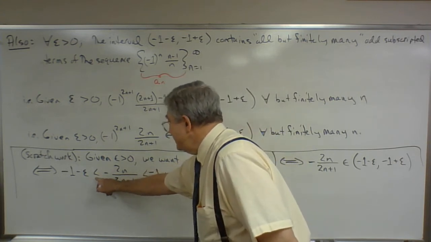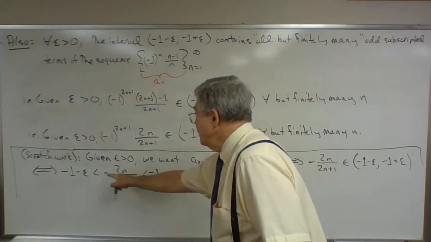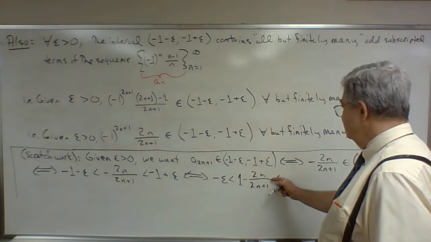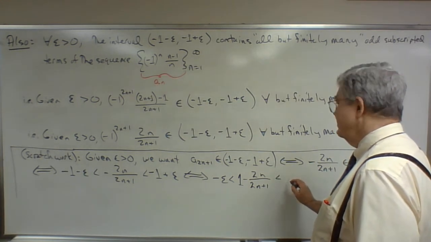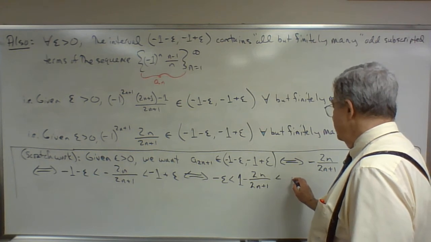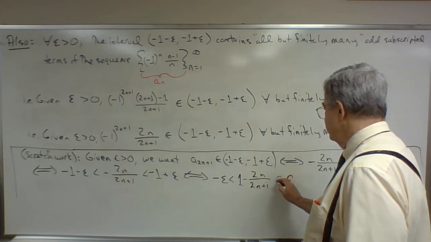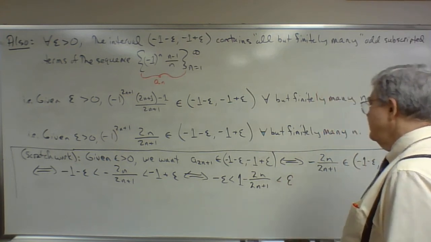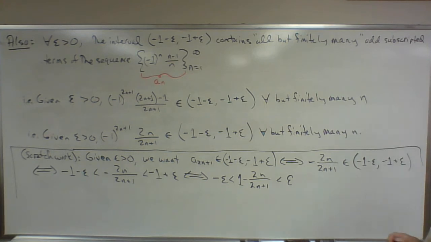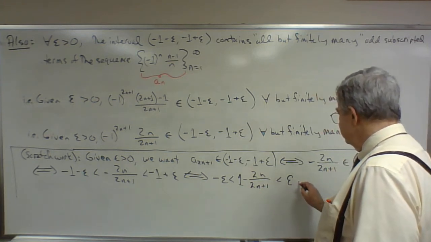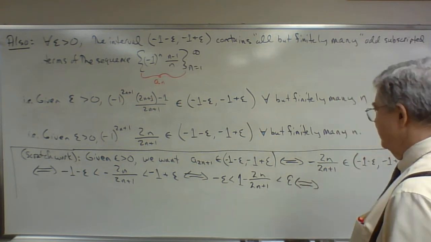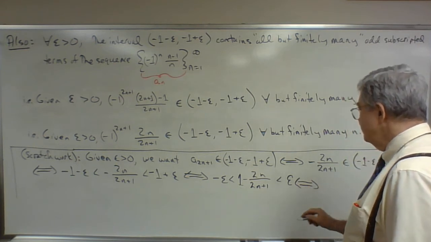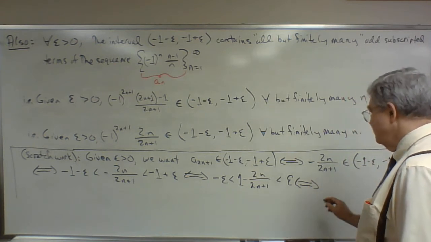So negative epsilon is less than 1 minus this thing, which is less than epsilon. And now I'm going to combine these two terms with a least common denominator, namely 2n plus 1. So I'll replace 1 with 2n plus 1 over 2n plus 1.